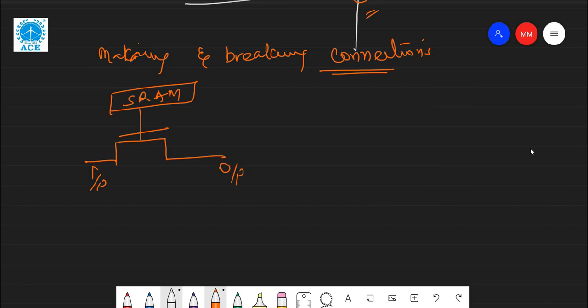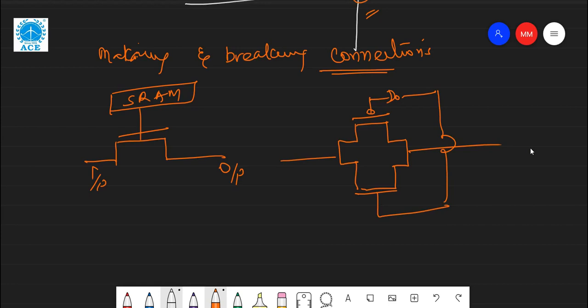And a transmission gate, if I look into a transmission gate, then it is programmed like this. Here I'm drawing the general design. Here it is connected, here it is connected, here it is connected to SRAM, and we can program here. Due to that, this transmission gate will get the resultant.